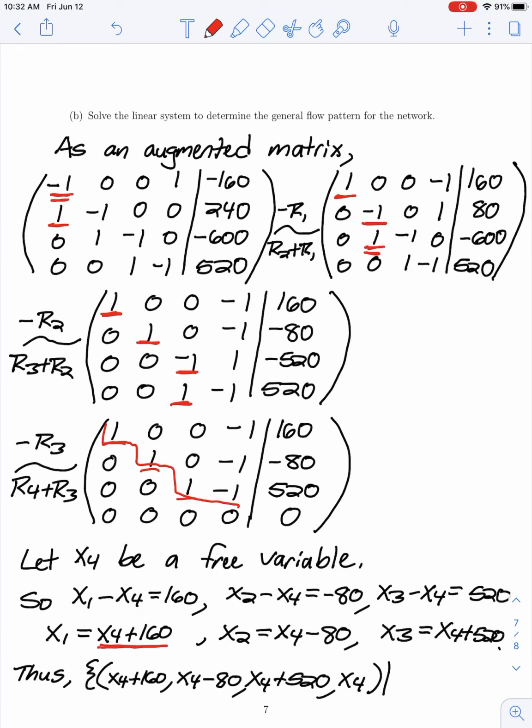So x1 here was x4 plus 160. So as long as x4 is positive, we're good. But x2 was defined as x4 minus 80. So in order to ensure that we do not have a negative value for x2, we need x4 to be at least 80. And for x3, we had x4 plus 520, so as long as x4 is positive, x3 will remain positive.